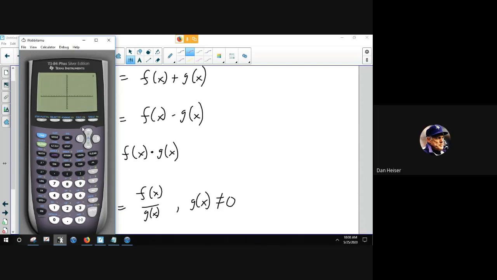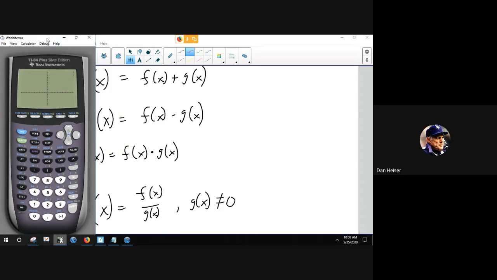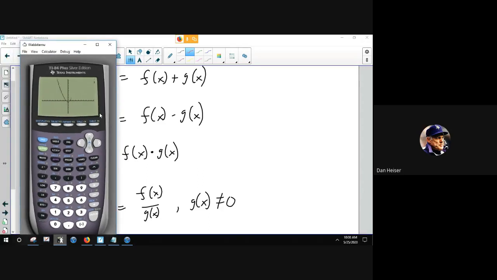Let's see what's going on here. And we get this little loop thing here. And let's divide. Interesting. Let me go back to a standard look.